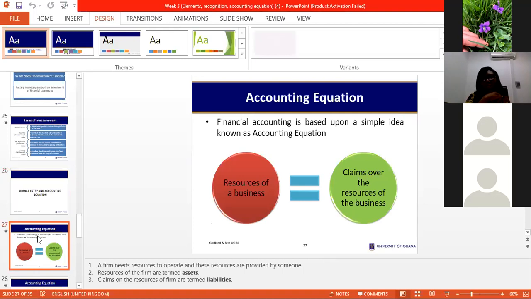Accounting equation is just a simple idea, okay, that financial accounting is based on, that the resources of a business, again, we go back to the business entity concept, that separate legal entity, the resources it has in its own name, because it is an artificial person, it will definitely have been provided by somebody, okay? So who has claims over those resources? Yes, Benedicta.